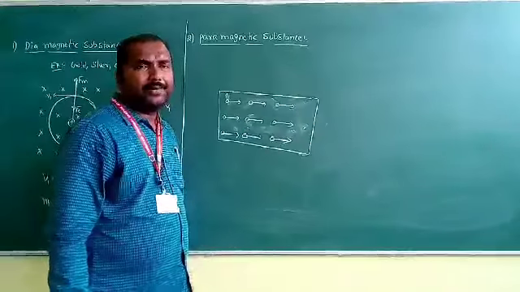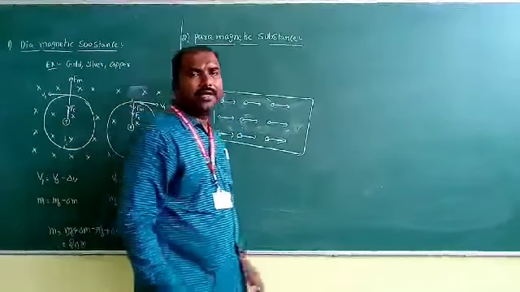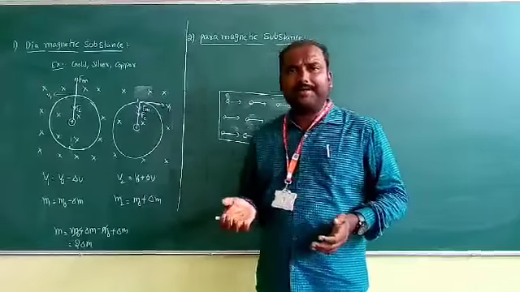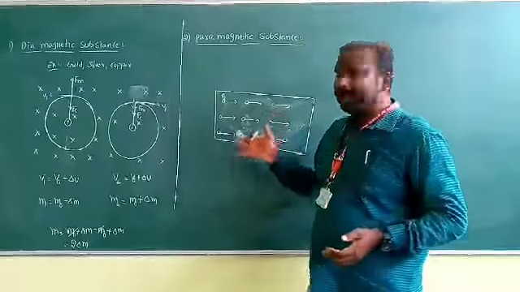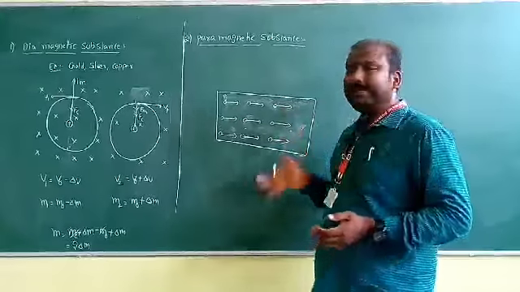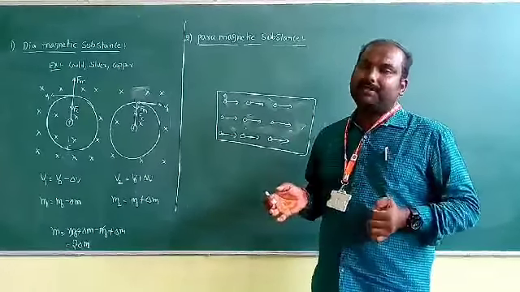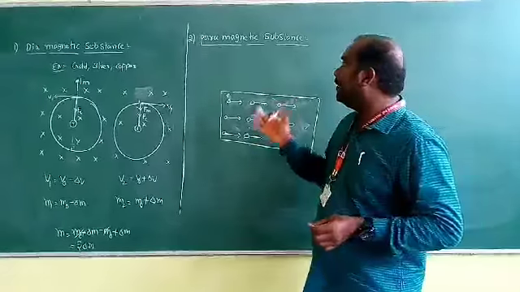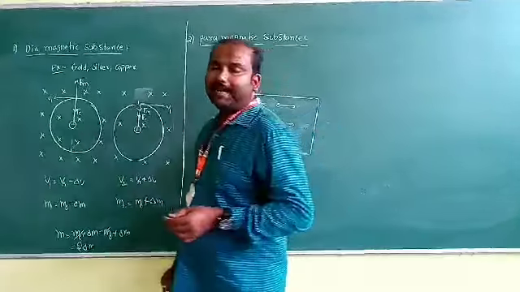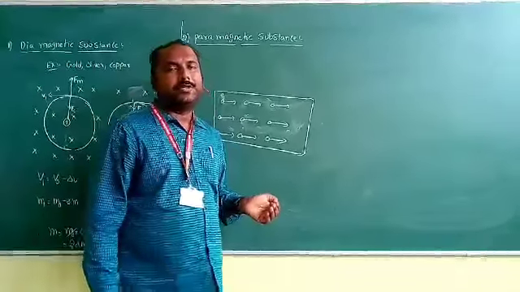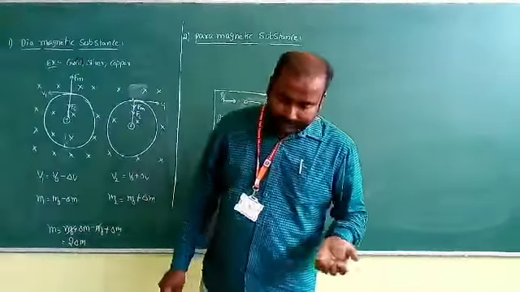But at this temperature, they are not strongly aligned. If they were all strongly aligned, then definitely the magnetism would be more. But they are not completely aligned in a particular direction, so a weak magnetism is produced. Such materials we call paramagnetic substances. It is a substance in which weak magnetism is produced when the magnetic field is applied.